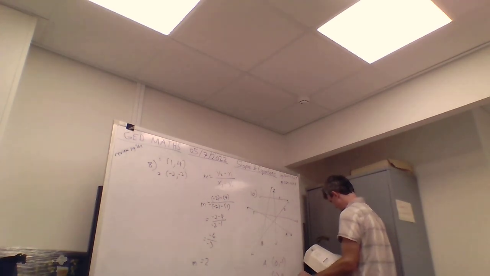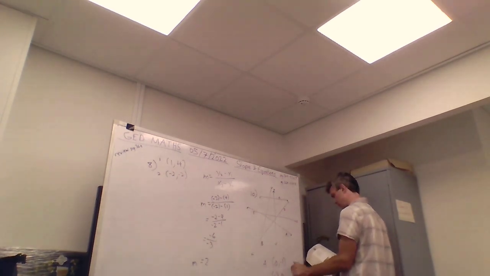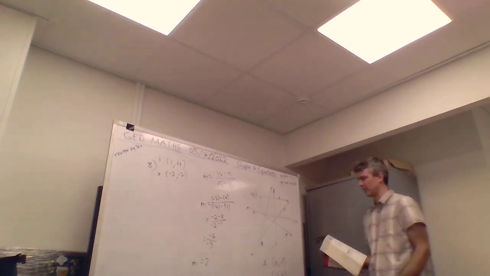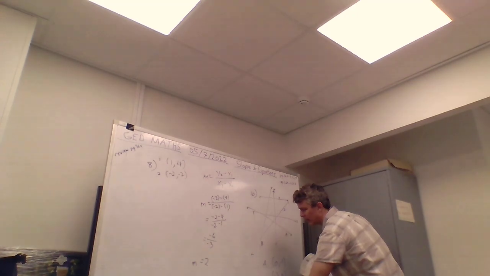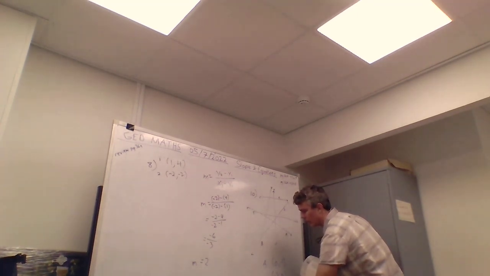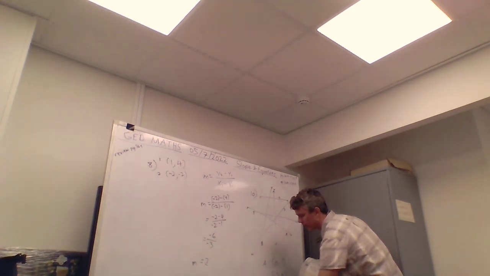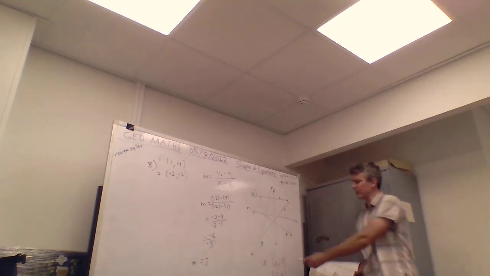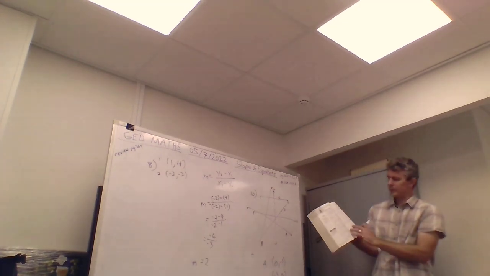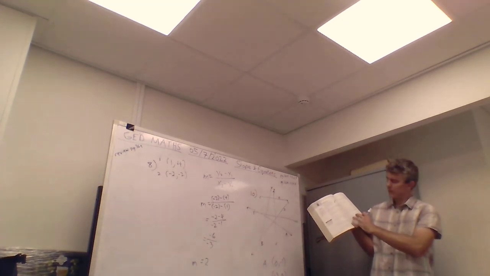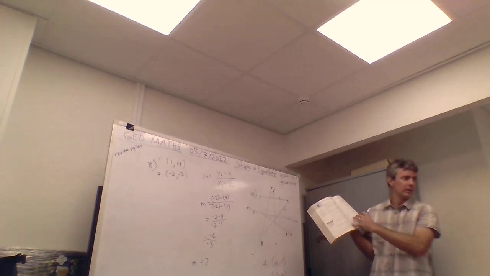Alright? So if you want, that would be m equals y2 minus y1 over x2 minus x1. You guys see this? I got 0 and -1 for A. You see it crosses the line there. So this point where it crosses the line is x is 0, y is -1.